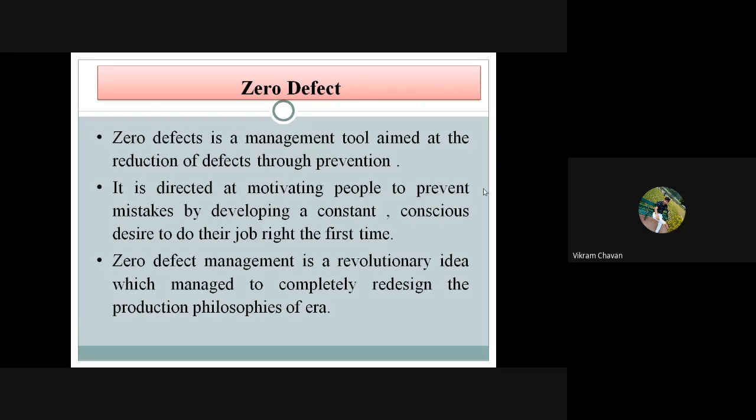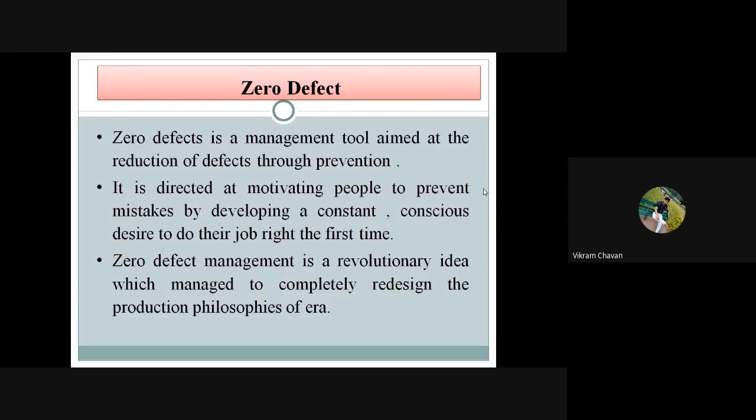Zero defect management is a revolutionary idea which managed to completely redesign the production philosophies of an era. We know that defects are losses for the companies. The product defect or the manufacturing defect, in simple terminology, manufacturing defects, are losses for the industries.